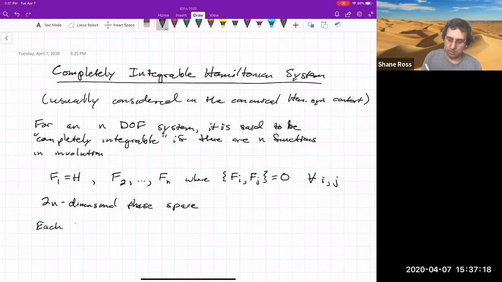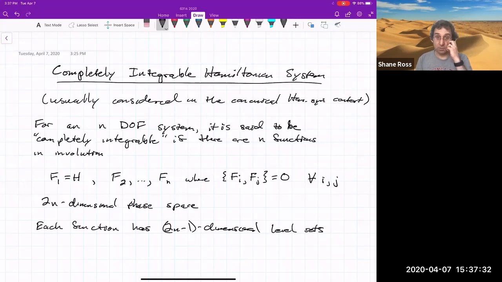Each function has 2n-1 dimensional level sets. So these are very large dimensional surfaces or manifolds. But because there's this involution going on, all of these are compatible constants of motion, which means, now we're in n degrees of freedom, there are n dimensional surfaces along which all of these functions remain constant.